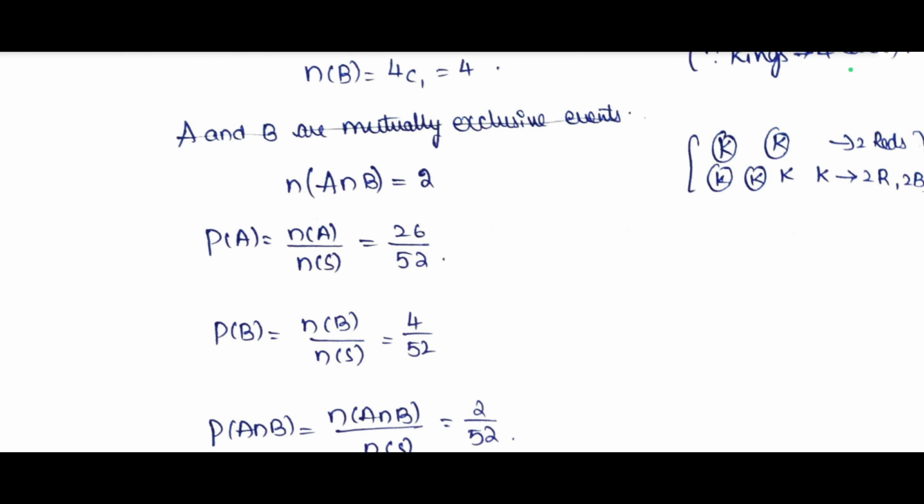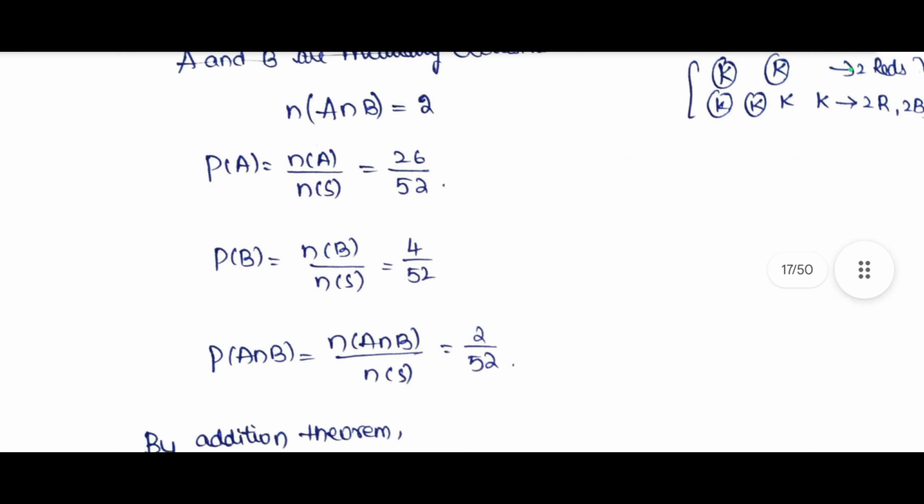Probability of A is equal to n(A) divided by n(S), that is 26 divided by 52. Probability of B is equal to n(B) divided by n(S), that is 4 divided by 52. Probability of A intersection B is n(A intersection B) divided by n(S).